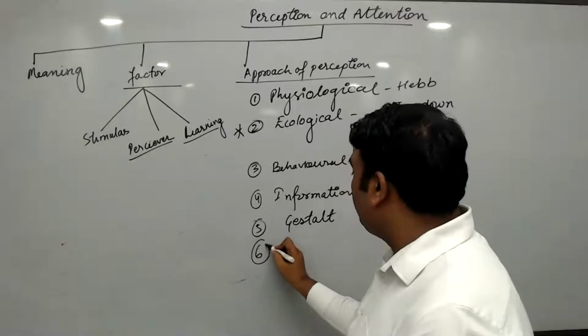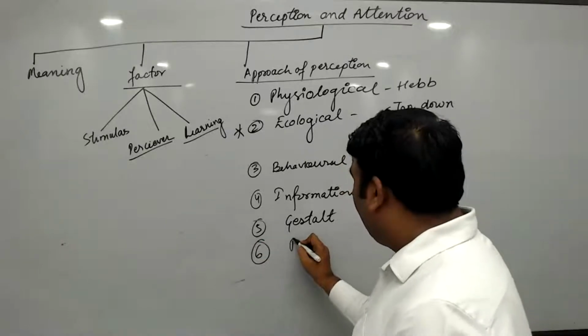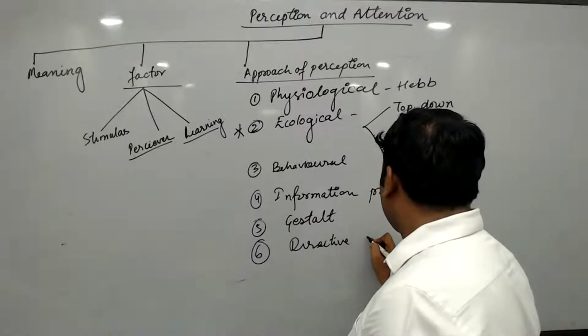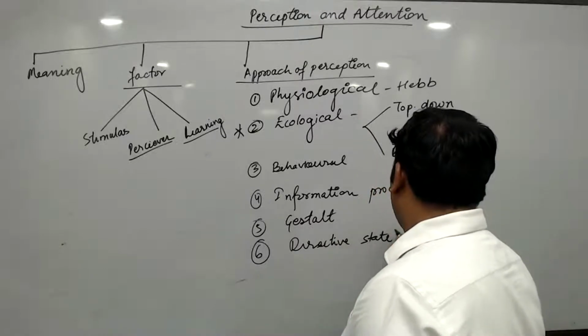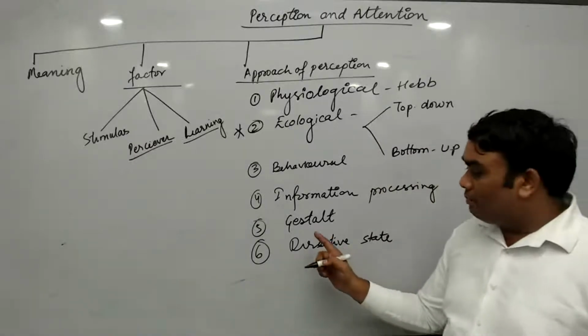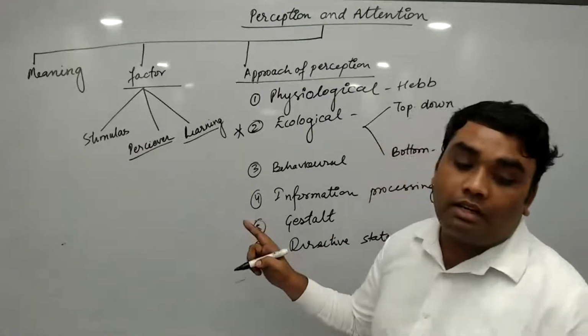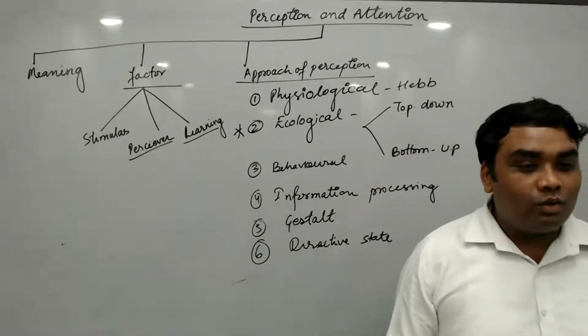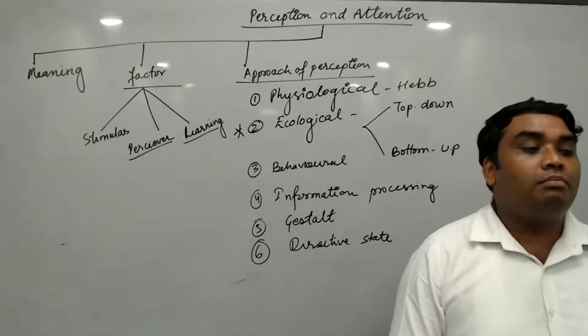And the sixth approach is the directive state approach. This approach is just the inverse of Gestalt. You know what the concept of Gestalt was? The whole is greater than the sum of its parts.